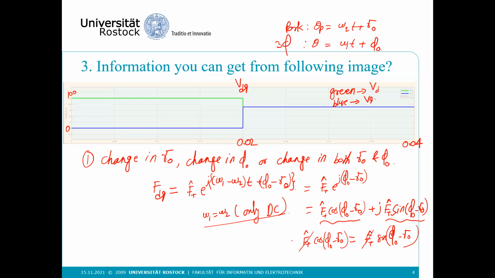This cancels out, and you can write tan of (phi naught minus gamma naught) equal to 1. From this you can clearly write that phi naught minus gamma naught is equal to pi over 4.